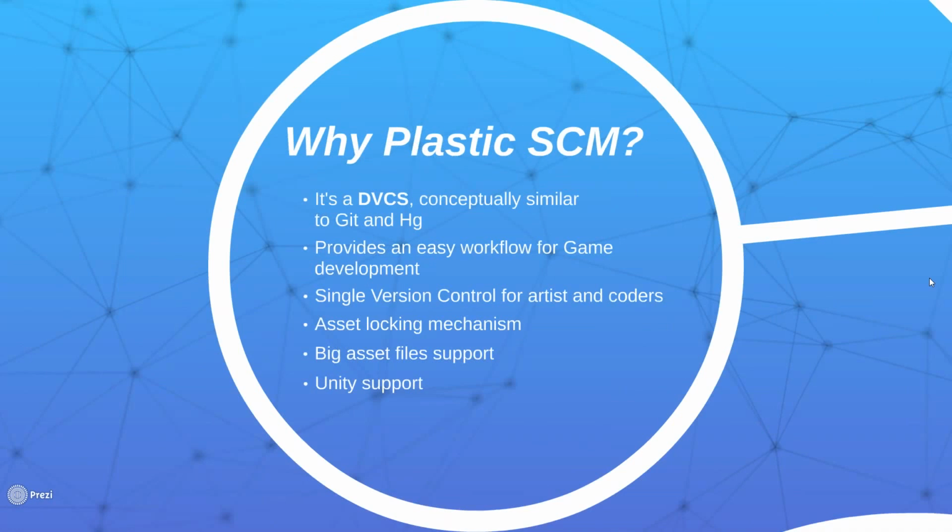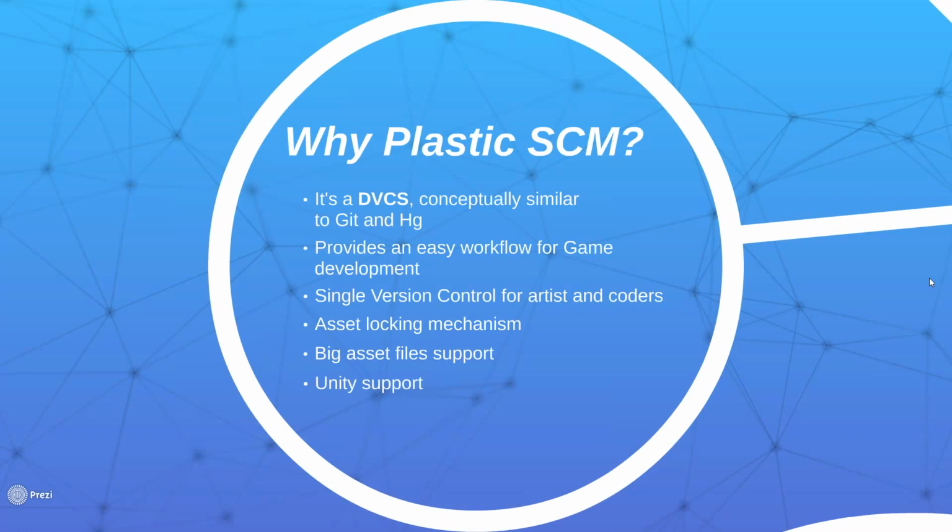Plastic SCM is a distributed version control system that shares similar aspects with Git and Mercurial. On the other hand, it provides some other features that are unique to Plastic SCM. For example, having an independent GUI for artists, which implements a much easier workflow.